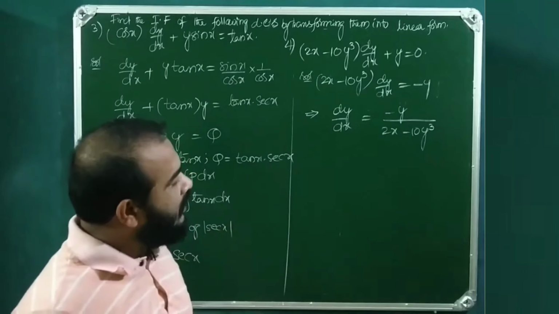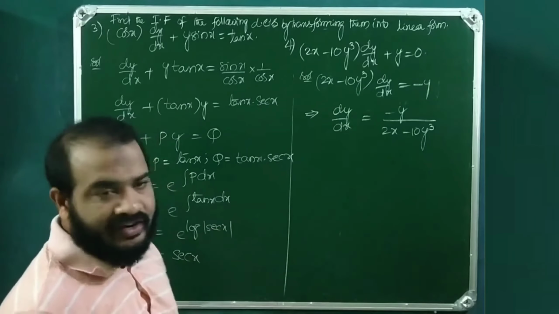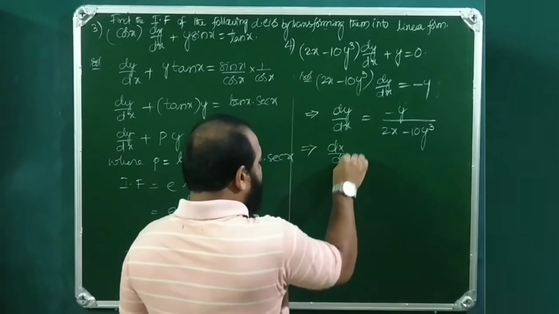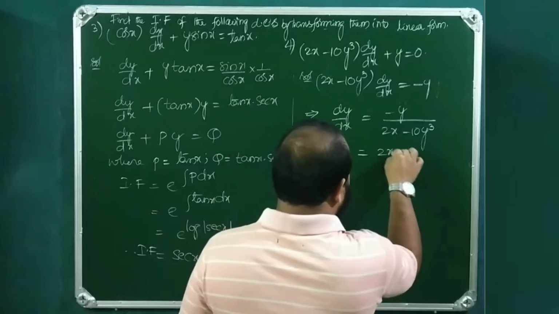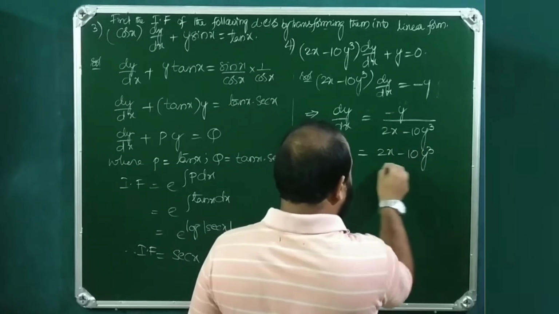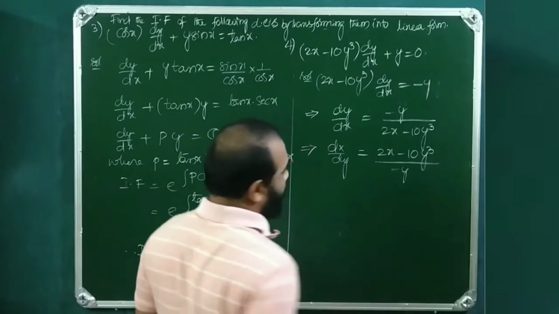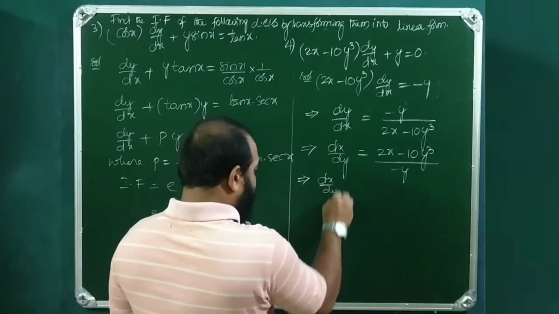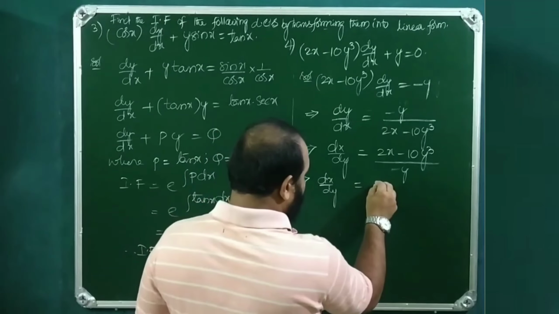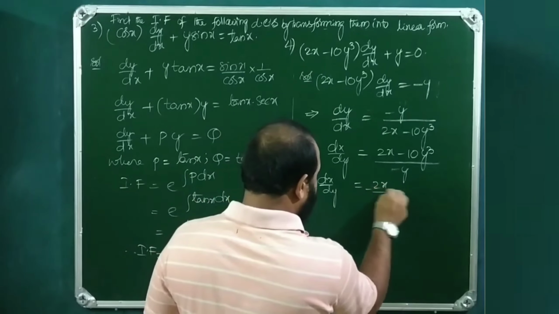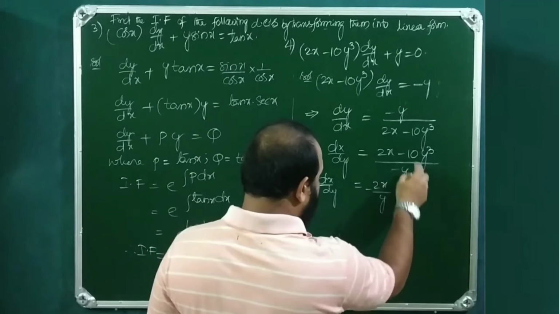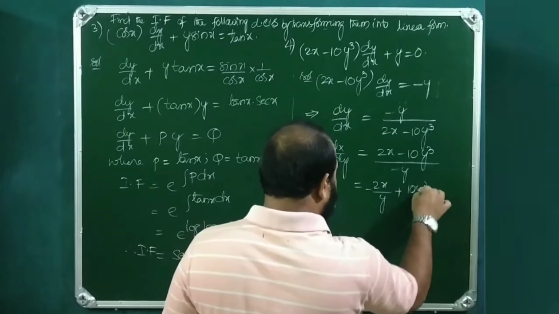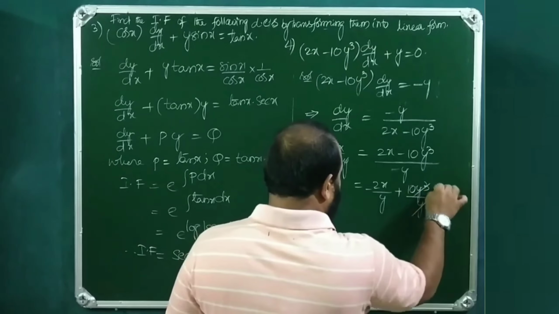So this cannot be reduced any further, for which let us take dx by dy, which is equal to (2x minus 10 by y cubed) by minus y, so dx by dy equals 2x by minus y plus 10 by y square.